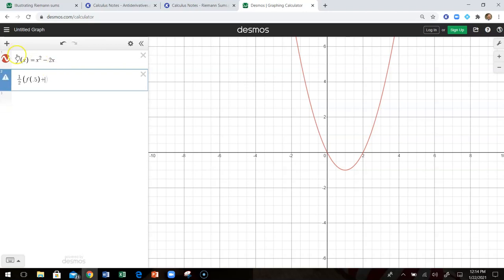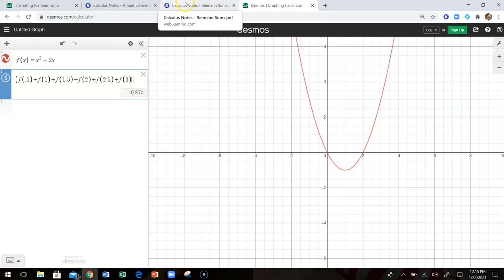And because I called this function f, it's going to pick up the function f here when I do this. So I can just type in plus f of 1, plus f of 1.5, and so forth until I get to f of 3. And that gives me an area of 0.875.